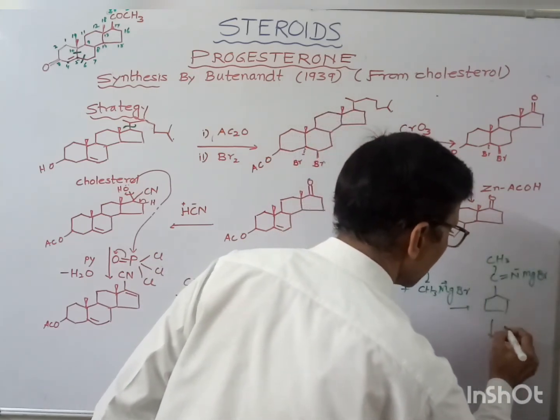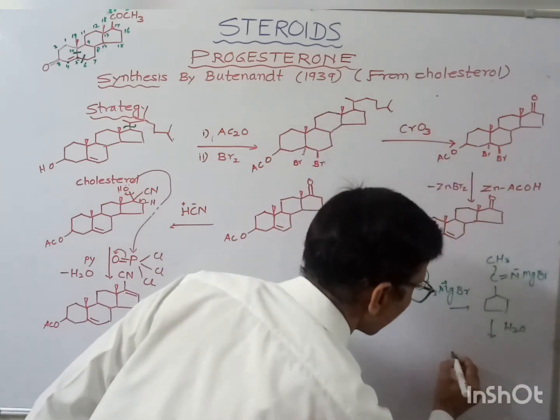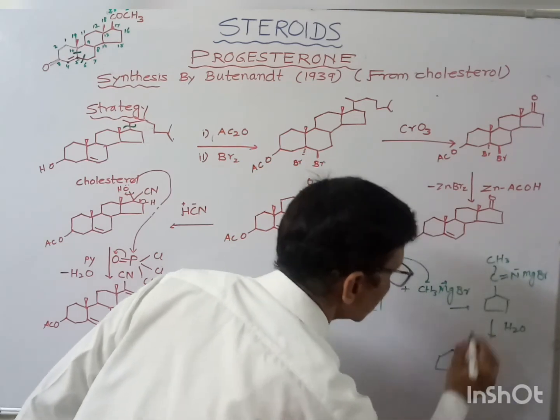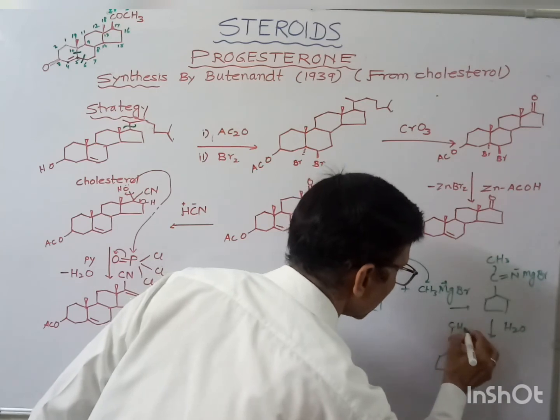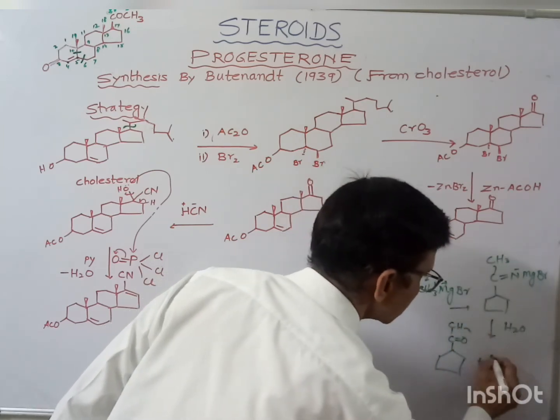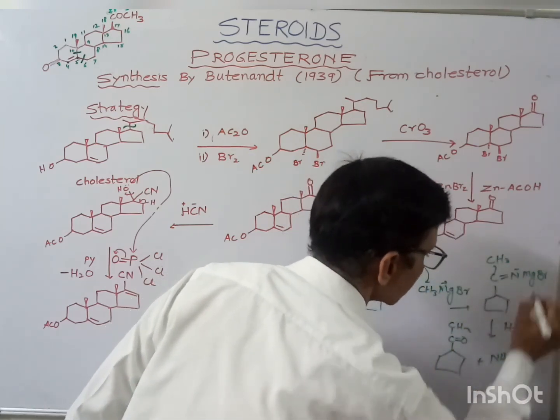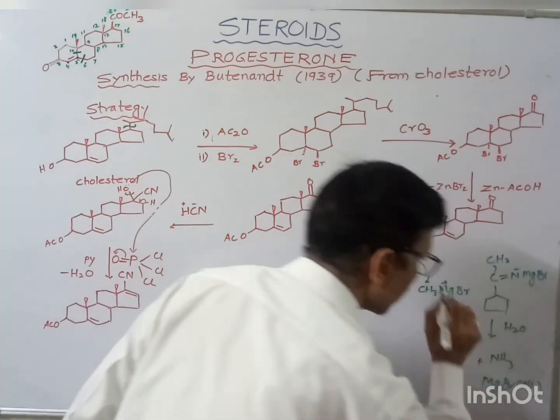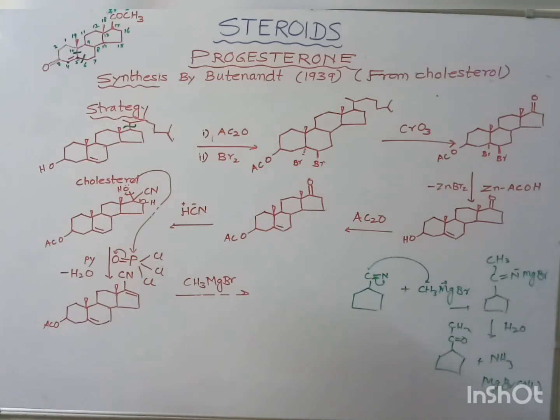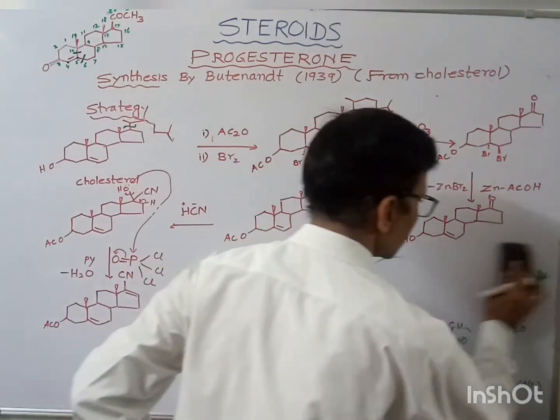So finally after hydrolysis, we will get this COCH3 plus NH3 plus MgBrOH. Okay, so after hydrolysis we get this. So this is the mechanism for this one.